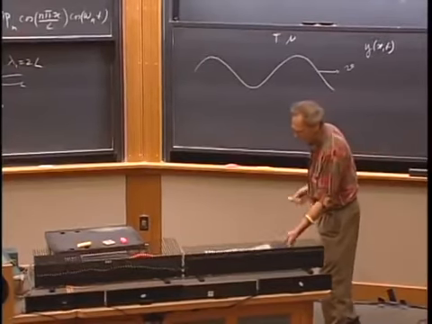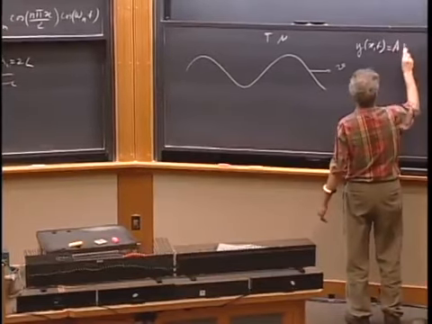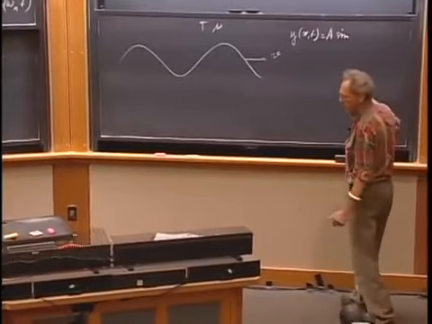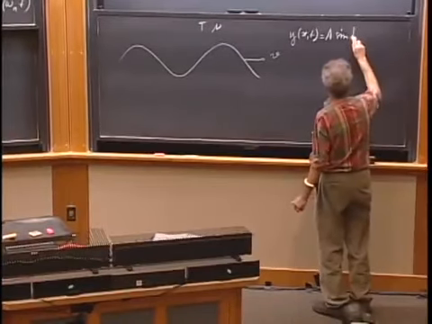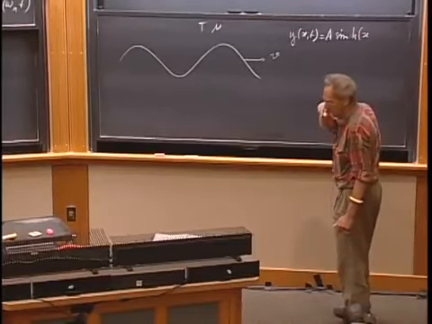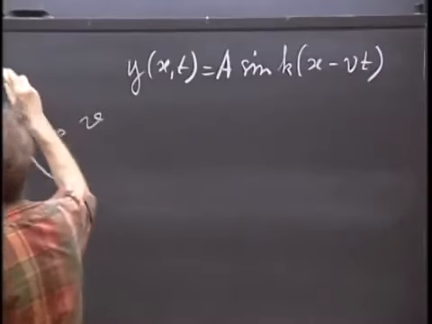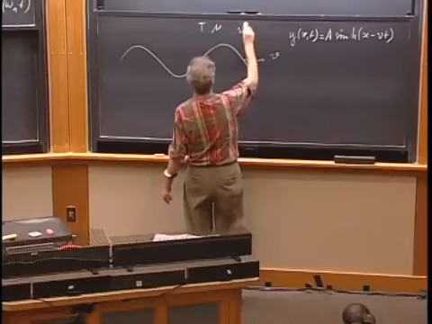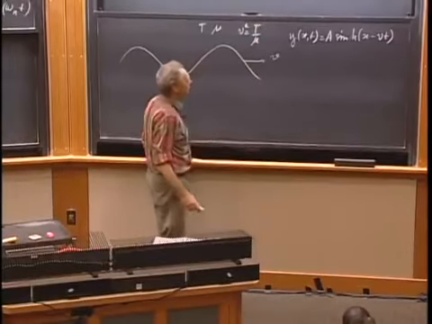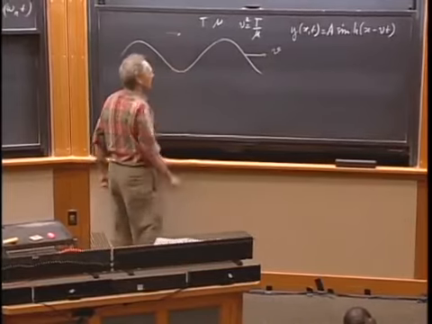I can give it a certain amplitude, A, times the sine. And I can write this now in many different ways, but let's write it down in this form, k times (x minus vt). And we know this v, let's call it v squared, is T divided by mu. So this is a traveling wave that goes into the plus x direction.